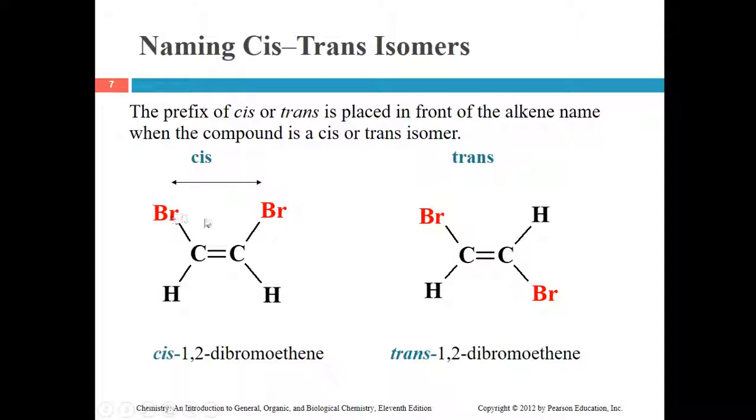Our bromine is on the same side of our imaginary dotted line, they are on the same side of the double bond. Because they're on the same side, it's going to be cis 1,2-dibromoethene. If they are on opposite sides of the double bond, like we discussed, that's going to be trans 1,2-dibromoethene.